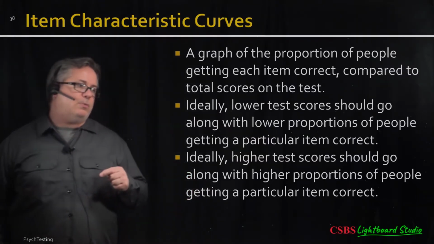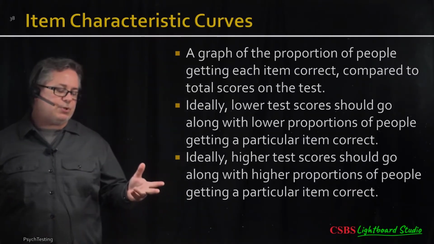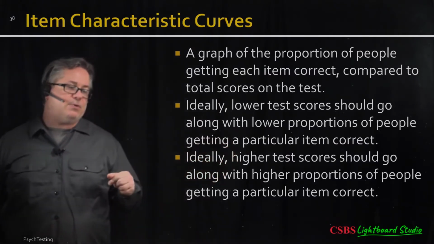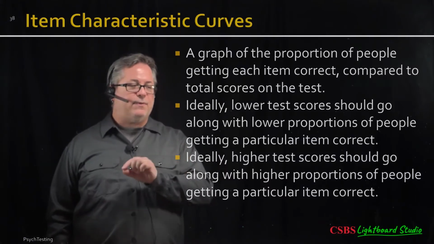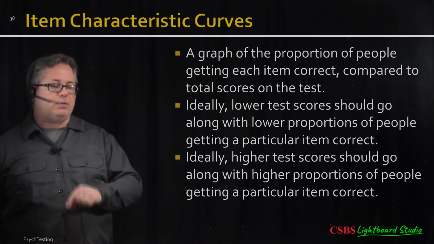So one way to do this, and this is not the official way that this is done. Usually it's done in a much more fine-tuned way to figure out exactly where all the proportions or probabilities are along the route.